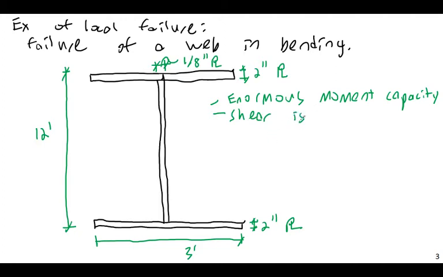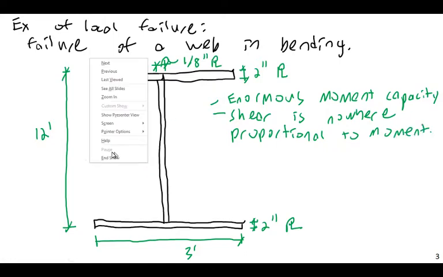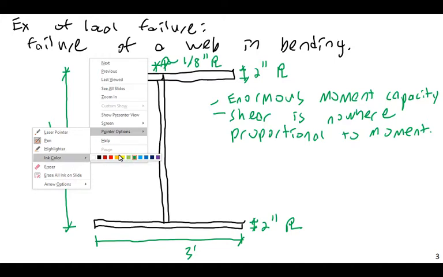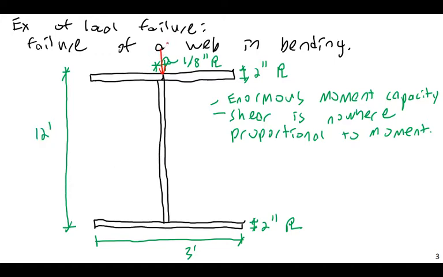Shear is nowhere near proportional to moment in terms of shear capacity. But think about this here. Imagine I apply a point load to this beam. Let's say this beam is supporting a very large point load P. What's going to happen is, long before this thing ever reaches its full moment capacity, probably even before it reaches its full shear capacity, it's going to fail as a column.